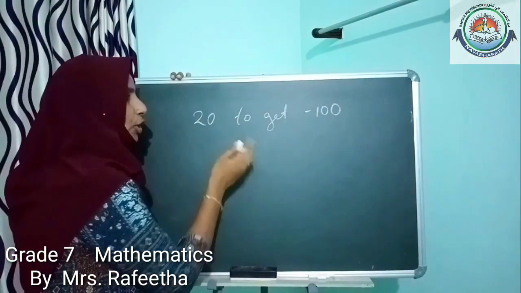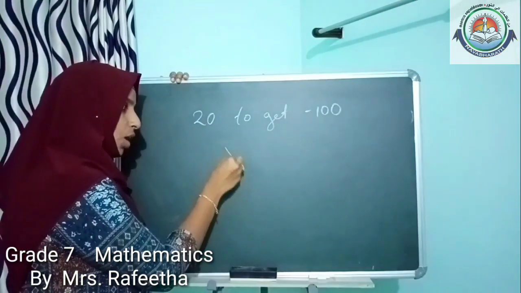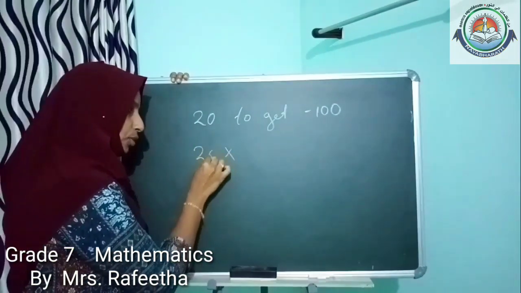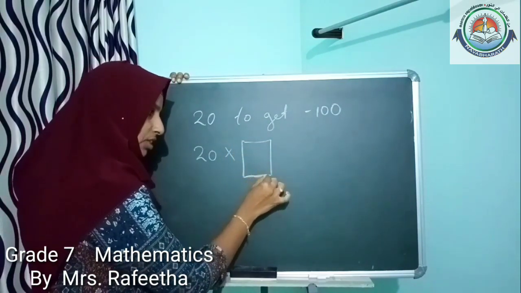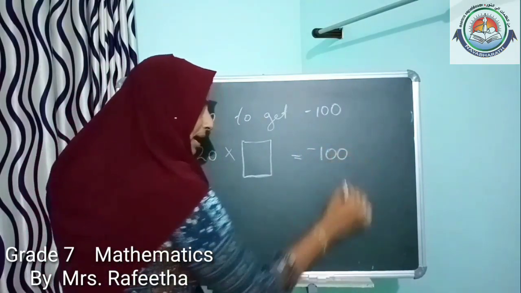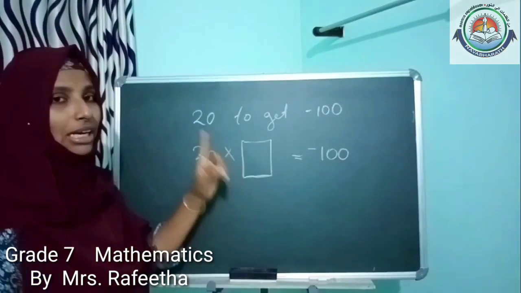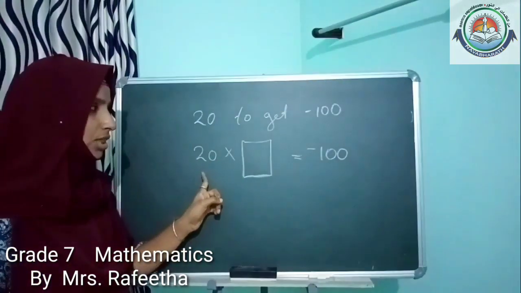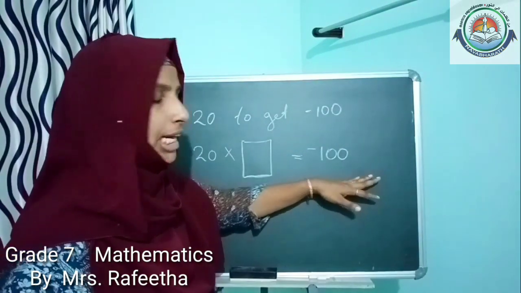What number do we want to multiply with 20? A number we want to multiply with 20, and the answer should be minus 100. This is the meaning of the question.